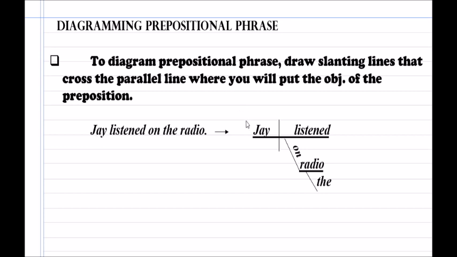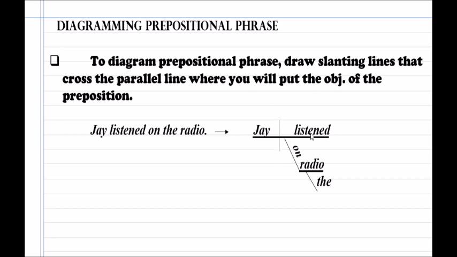Jay will be put on the left side and listened on the radio will be put on the right side, but it should not be written straight horizontally. Don't forget to put the vertical line here to divide the subject and the predicate.